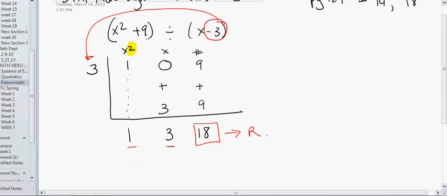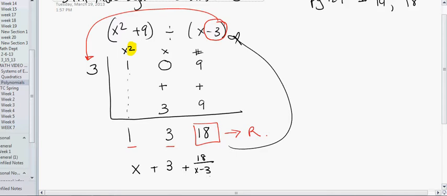And in this case, it'll be a plain x. So 1x or just x. Next would be my plain number, right? I've used up my x terms already. So it'll be x plus 3. And then my remainder is plus 18. And I write it over whatever I've been dividing by, x plus 3.